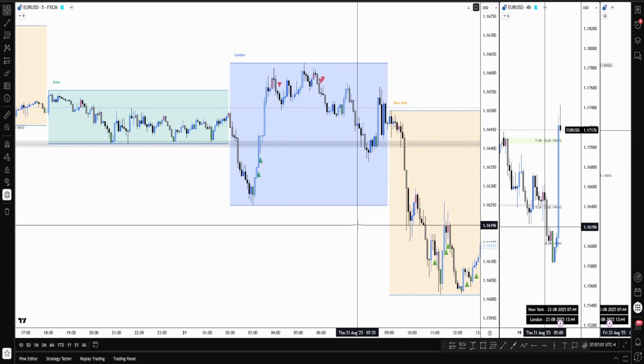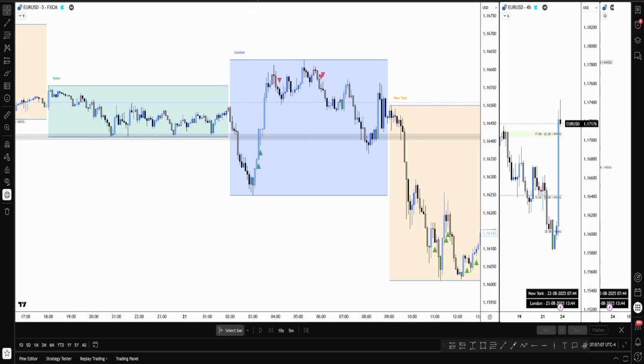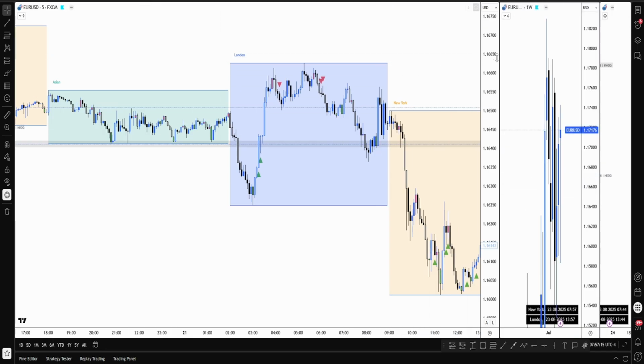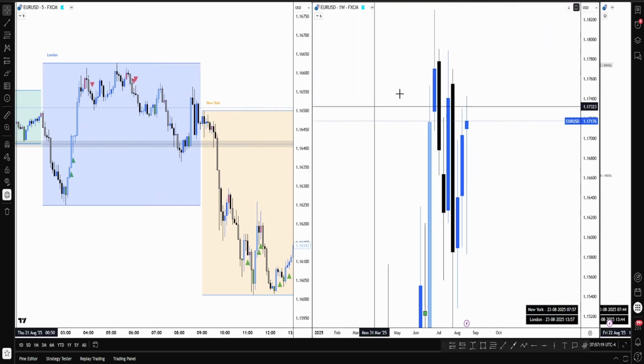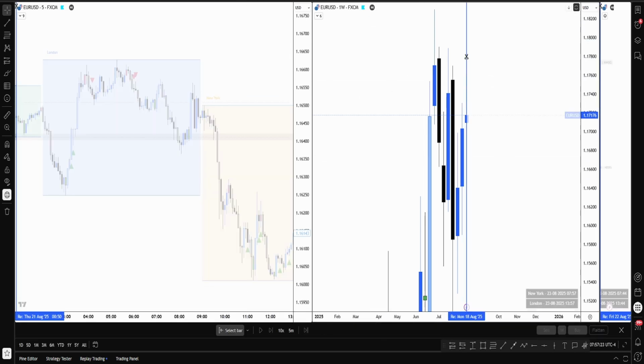So now what I'm going to do is I'm going to use the replay tool, and I am going to cut out this week. Alright, cool. So let's go here on the right hand side. I'm just gonna cut out this week. Right, so here we go.